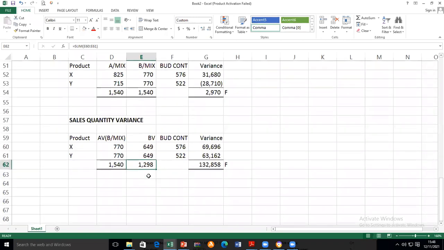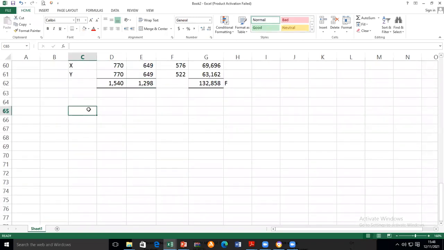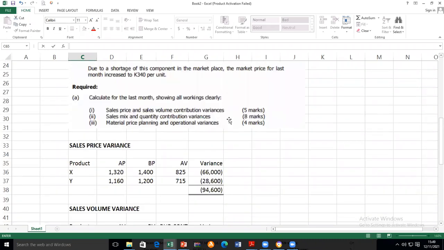So let's go. Material price planning and operational variances, component.